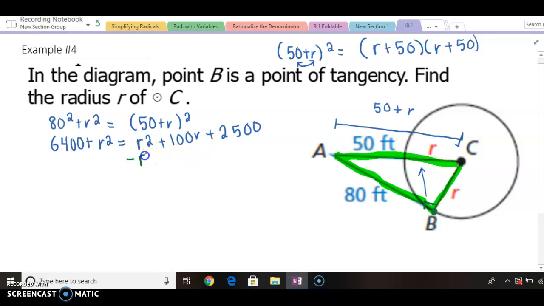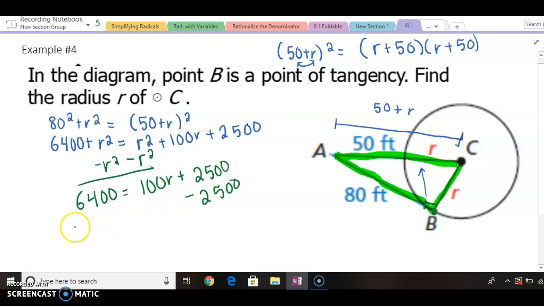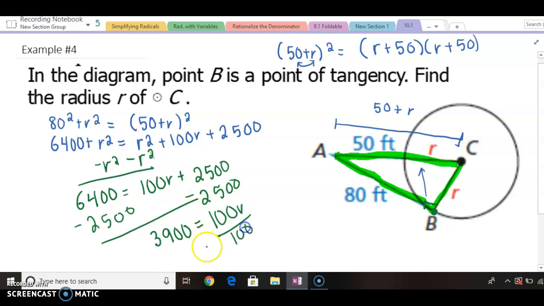Now if we do some math, minus r squared on both sides, don't freak out, because the r squareds go away. So 6,400 equals 100r plus 2,500, minus 2,500. I get 3,900 equals 100r, divided by 100. 39 equals r. So my radius has to be 39.